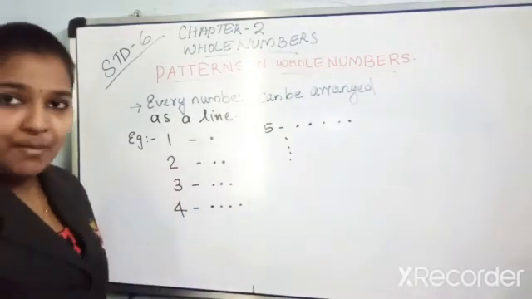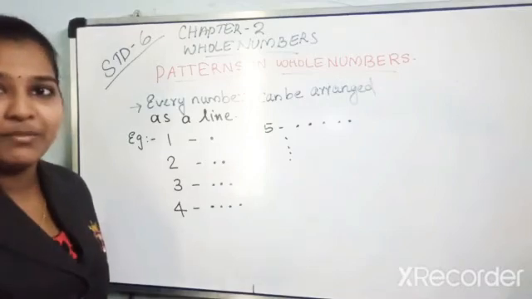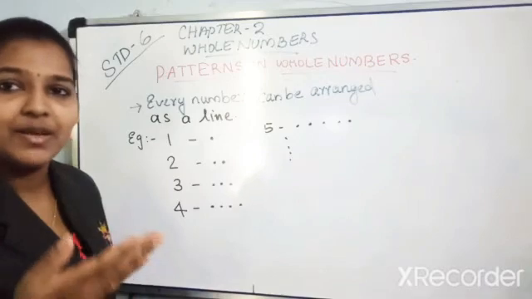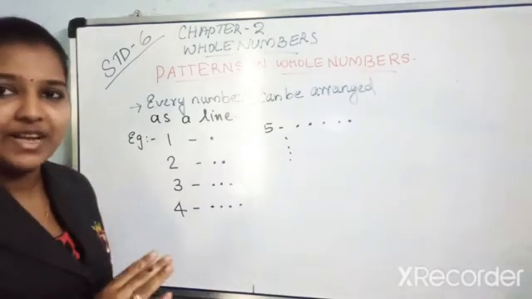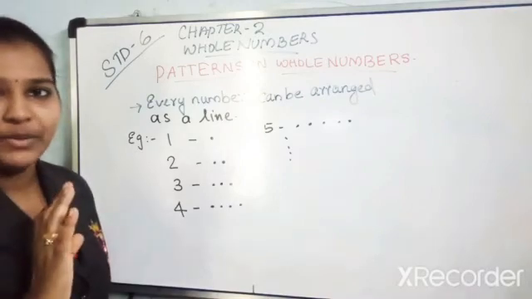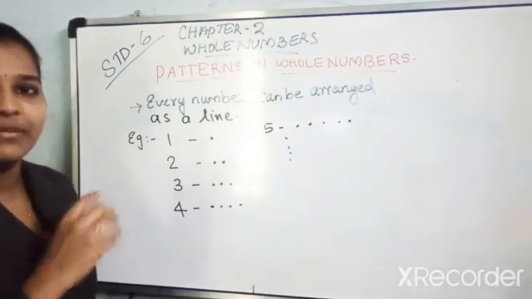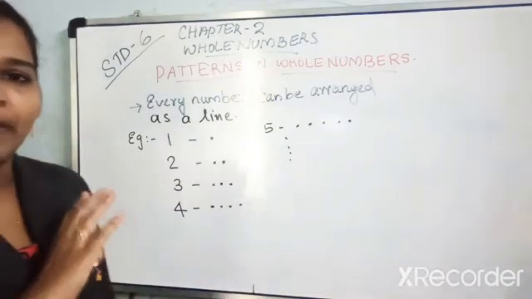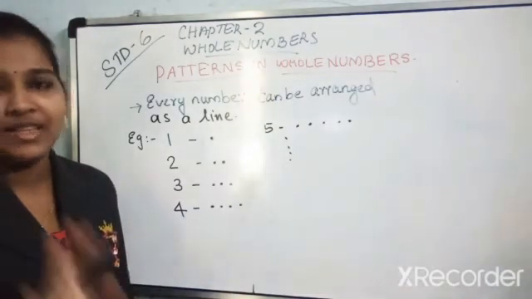Now some numbers we can arrange as square, some other numbers as rectangle, and some numbers as triangle. So we will check which numbers we can arrange like that. But always remember every number can be arranged as a line.